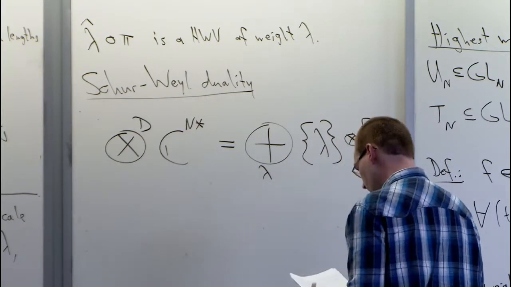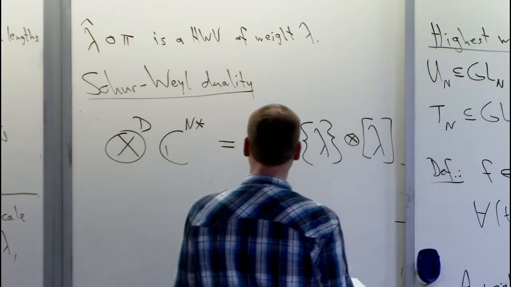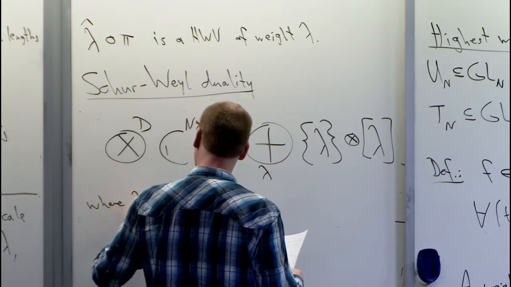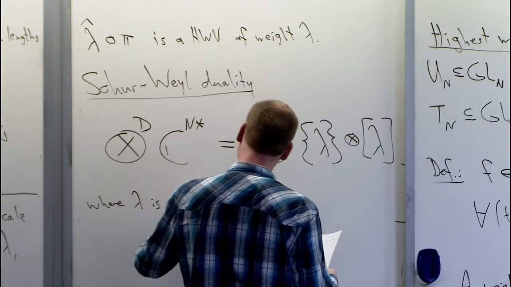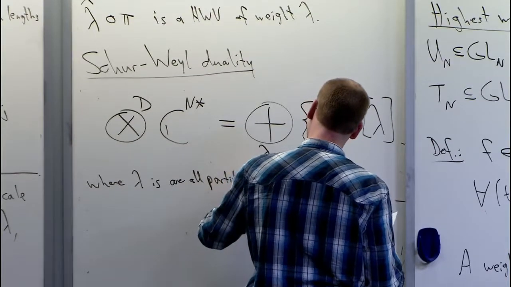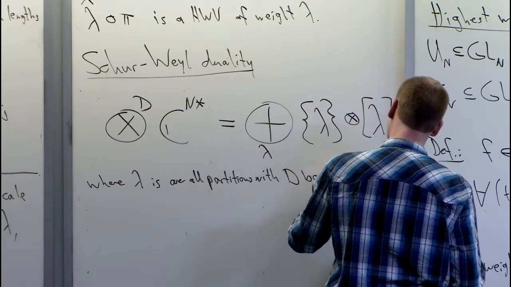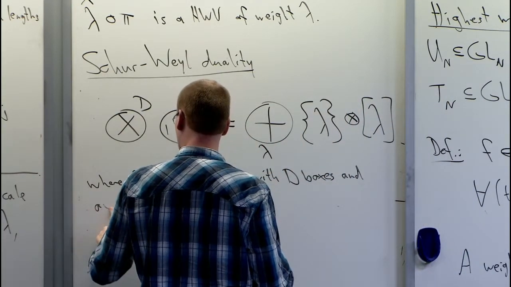This is how it decomposes. And those lambda, lambda is over all partitions with capital D boxes and at most n rows.